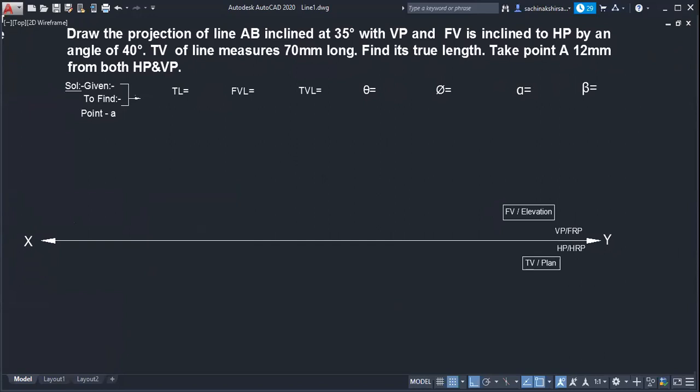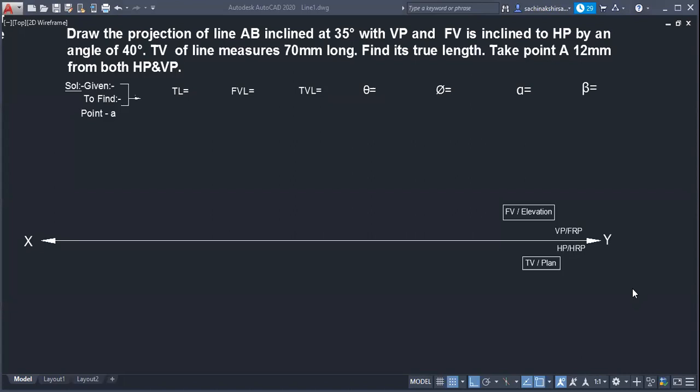Are you observing the problem statement? Who will read the problem statement? Let me check. Roll number 20. 23.